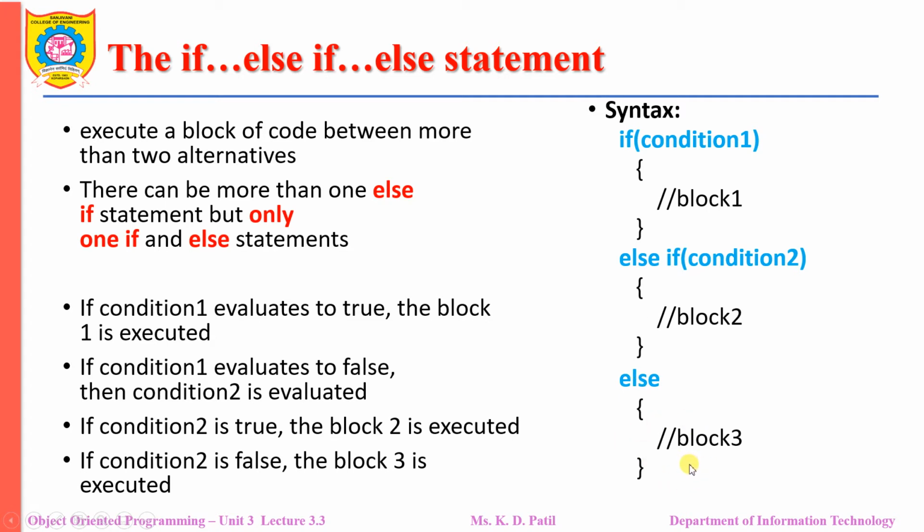In such a way, if else if, that is the nested if statement, will be executed. If you observe here, there is only one if statement and only one else statement, but you can have multiple else if statements in the nested if program.